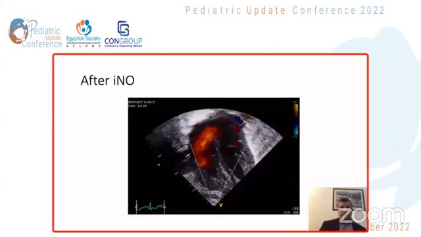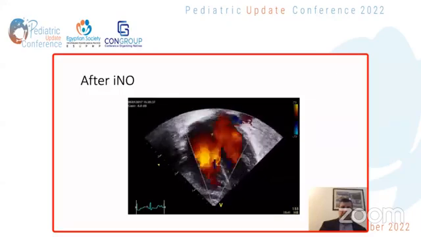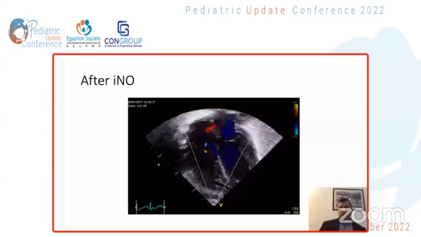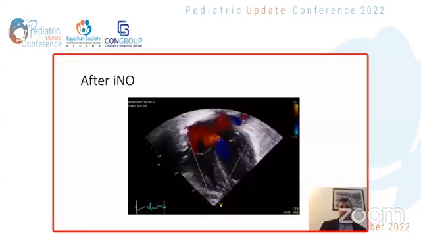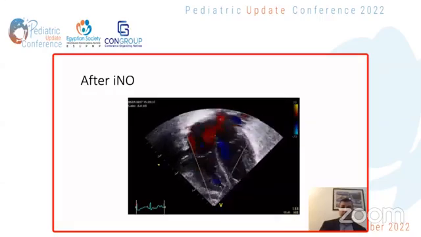And after nitric oxide, I think you can detect significant improvement of the heart performance, and there is no significant dilatation of the right side anymore, and even the shunt through the ASD now is left-right, signifying higher pressure on the left side compared to the right side.